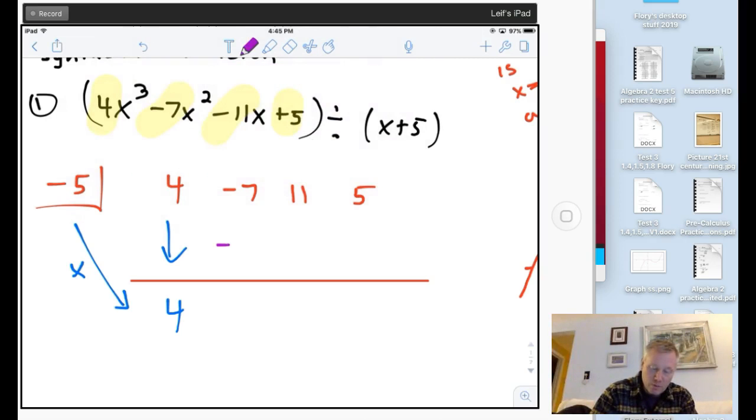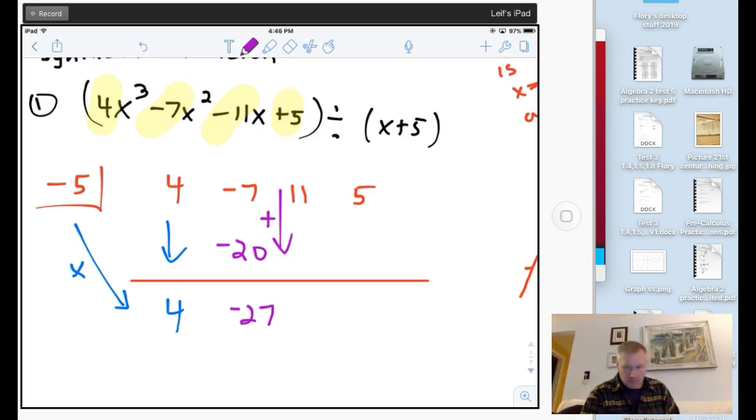So that's negative 20, and then I add straight down, okay? Negative 7 plus negative 20 is negative 27, and then I multiply negative 27 times negative 5, and I get 135. And that should be a negative 11, because it's negative up here.